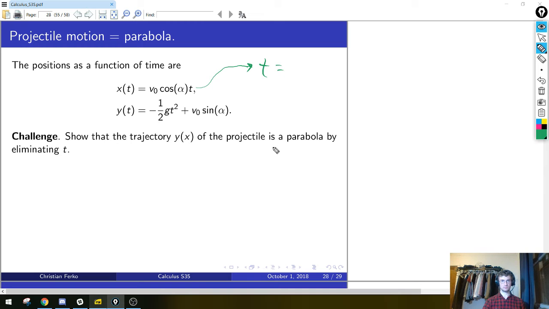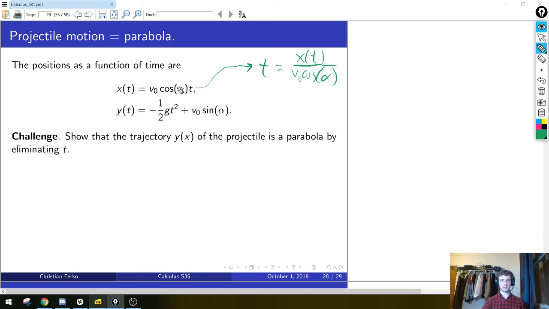Solving that for t, we're solving this for t as a function of x, right? x of t divided by v sub 0 cos alpha? Good, yeah. So just divide both sides by v naught cos alpha, and you get this.